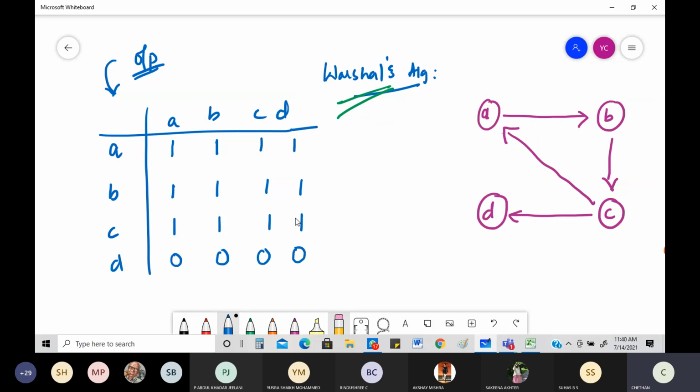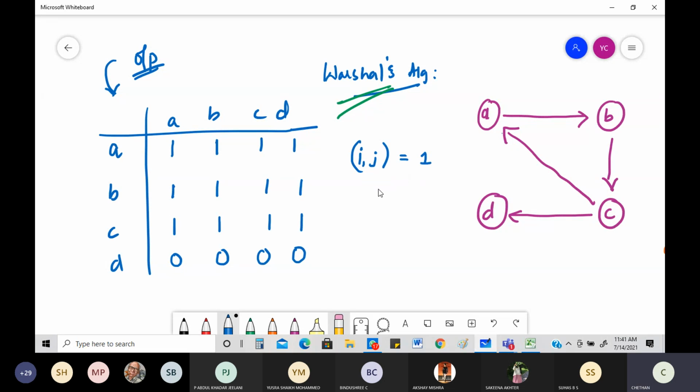What is the problem, and what is the formula? The formula is very simple. If you want to put this in the form of a general formula, how do you think it will be? Instead of taking A, B, C and all, can I take I and J? General formula, I and J. When do you think it will be equal to 1? When there is a direct path. If there is a direct path between I and J, you write 1.